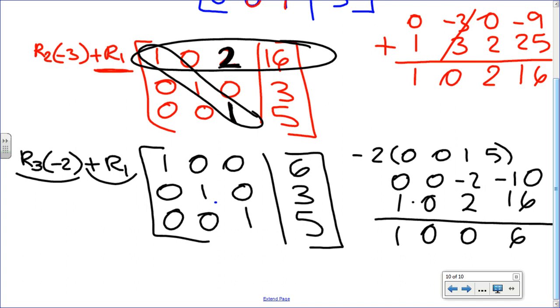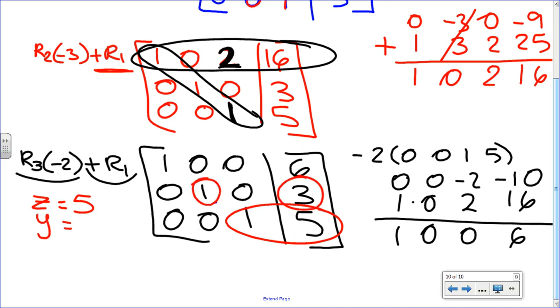And here there is no need for back substitution. You just get 1z equals 5, 1y equals 3, and 1x equals 6. Wow, which is the same answer that we got before, right?